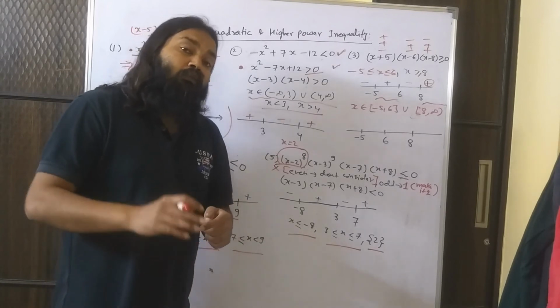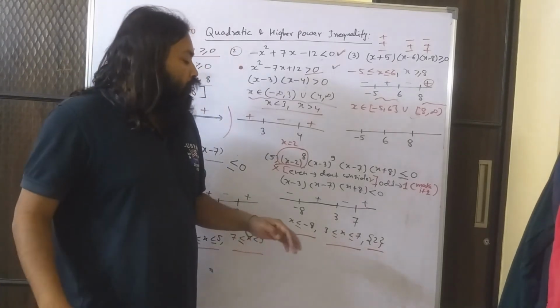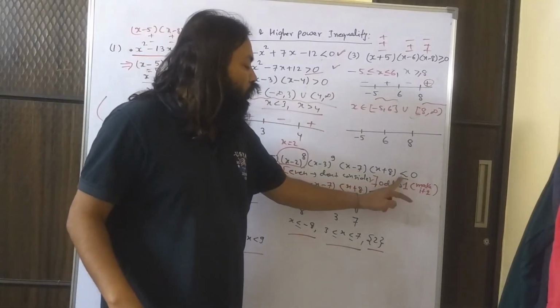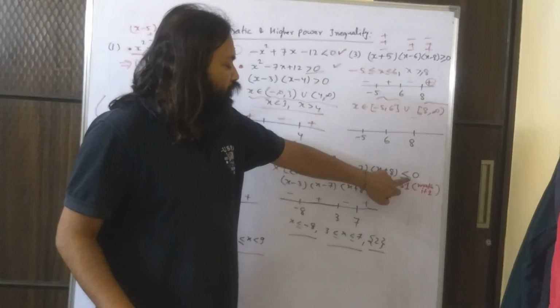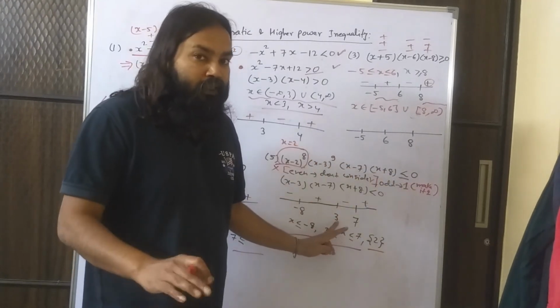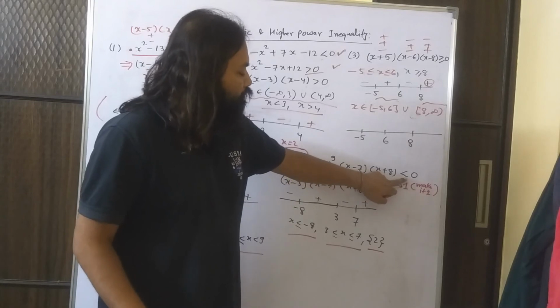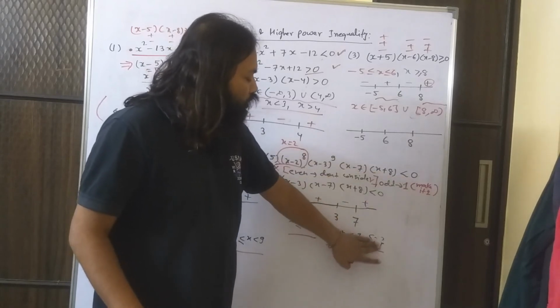Suppose there was some other question where this equal to sign was not there. I'm not talking about this question, I'm changing the question now. Suppose this equal to sign was not there, then I would not have considered 2.